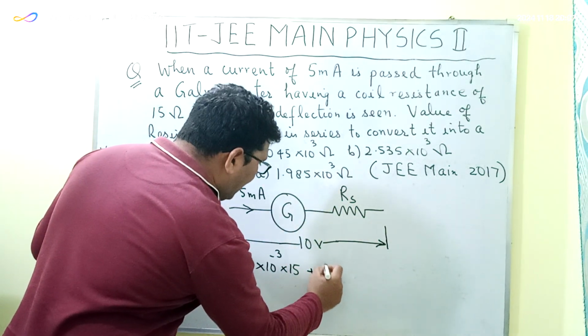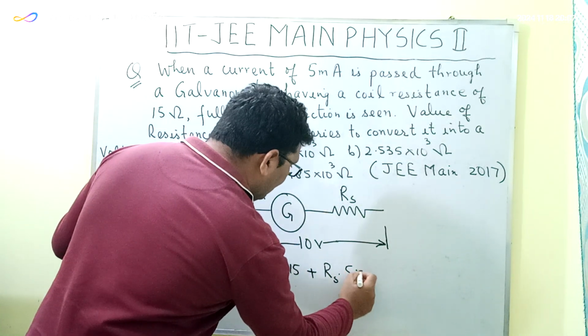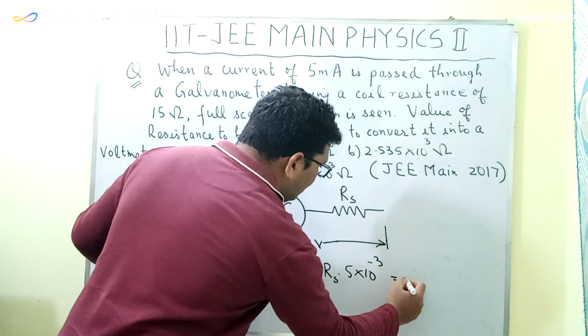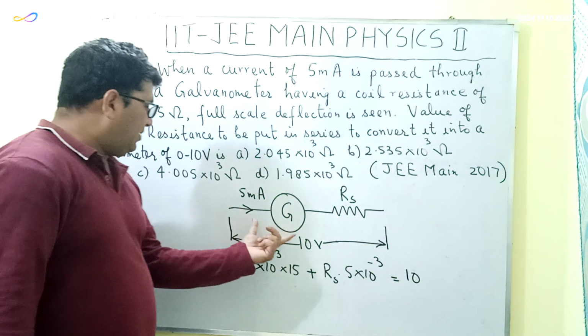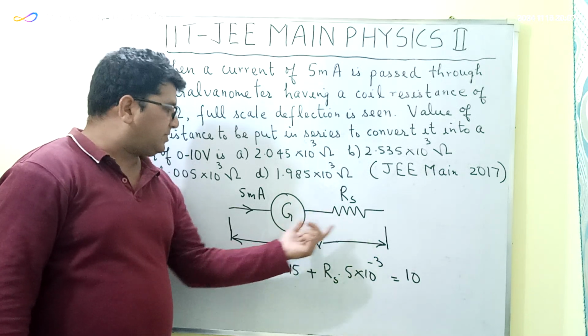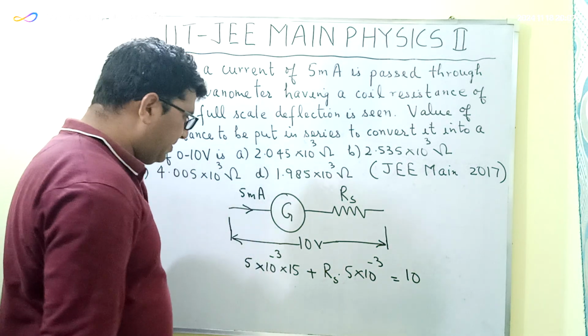This will be plus Rs into 5 into 10 to the power minus 3, and this will be equal to 10 volts. That is the potential difference across the galvanometer plus the potential difference across this resistor which is connected in series in order to convert it into a voltmeter.